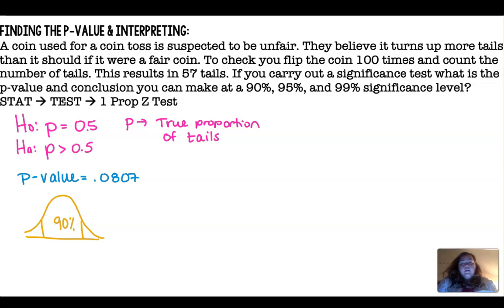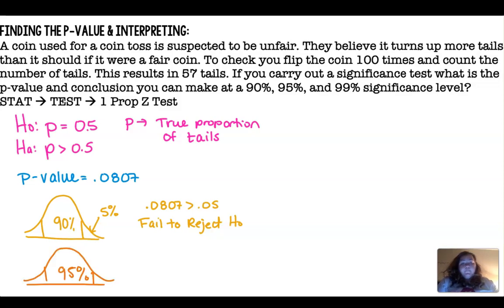For a 90% significance level, that gives us 5% on one tail, so this would really be an alpha value of 5%. 0.0807 is greater than 0.05, so we would fail to reject the null hypothesis, and we do not have sufficient evidence to support the alternative.